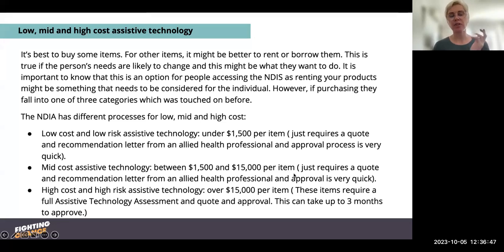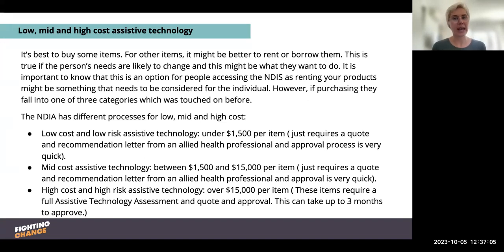When it comes to equipment, the other thing to consider, and this is something to discuss with your allied health professional or nurse, is that there are lots of factors that come into this.